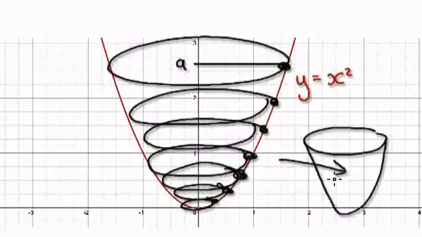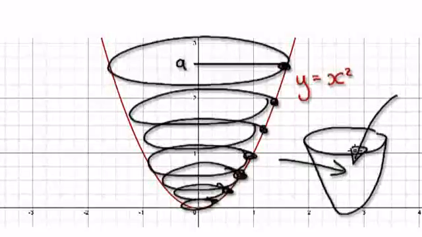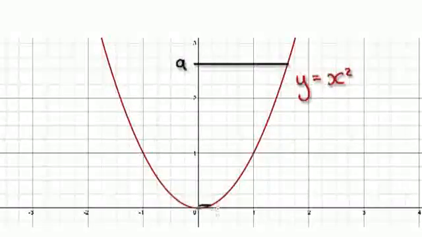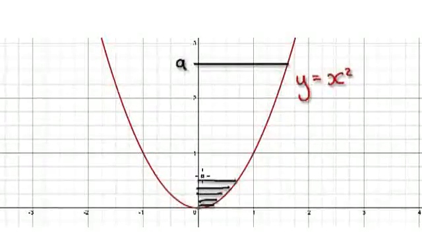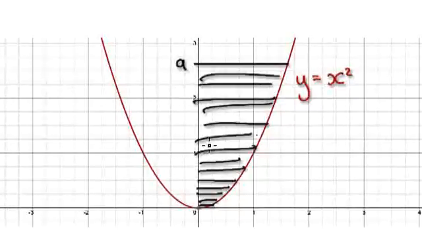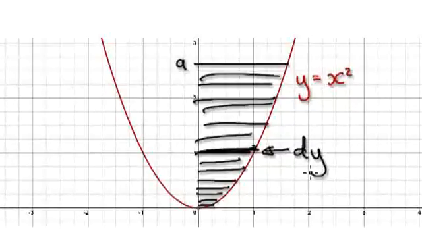Okay, so we are going to try and work out the volume of this solid here. In the past we would do it like this. We would sum up all the disks. So let's just look at one particular disk here. The thickness of this disk would be dy.